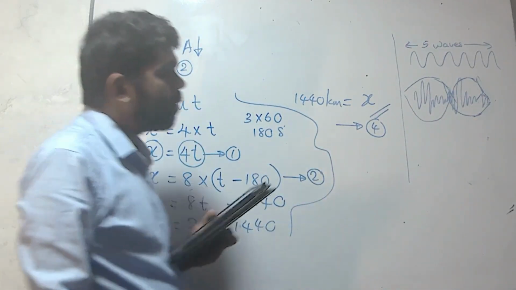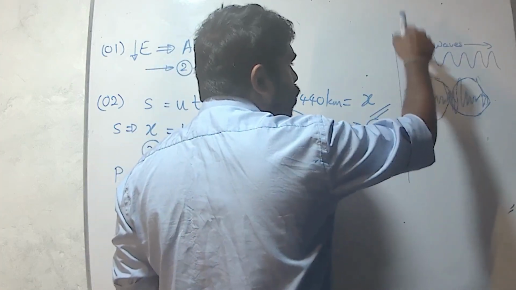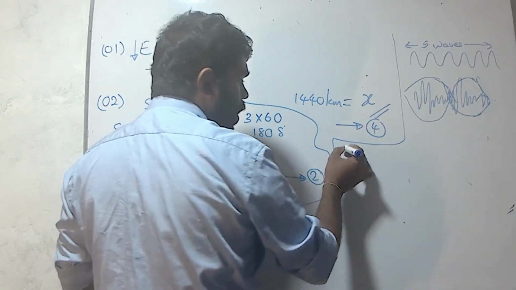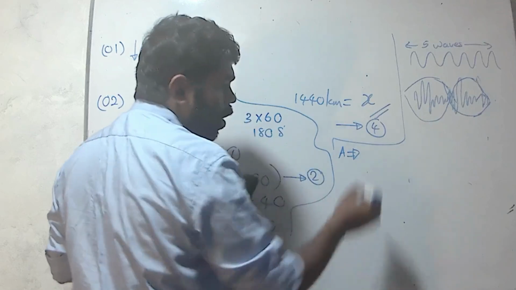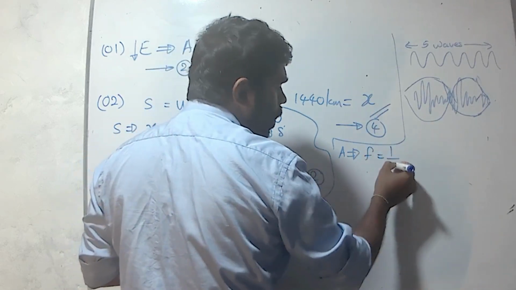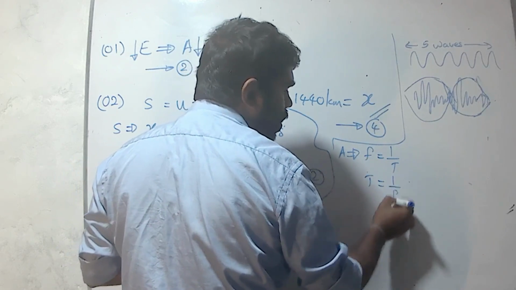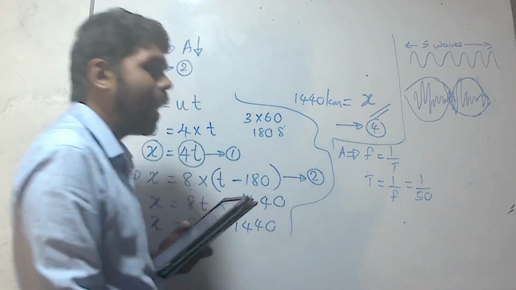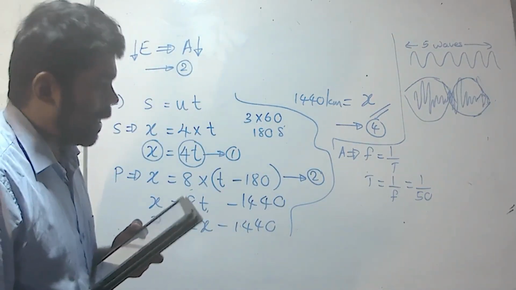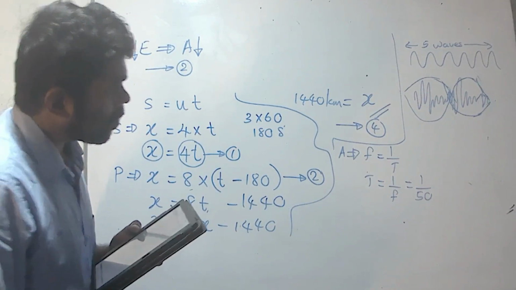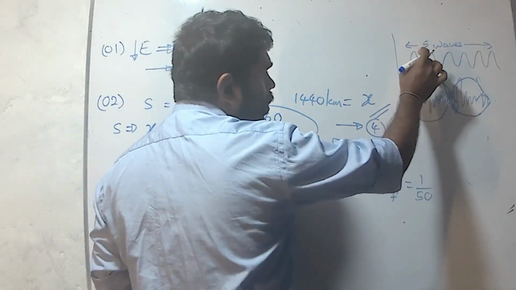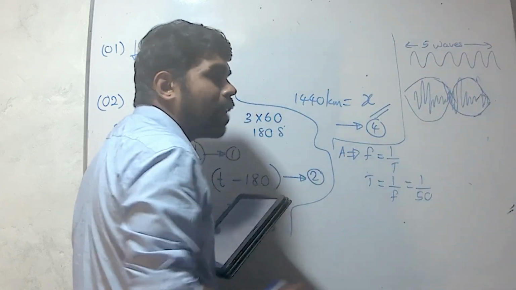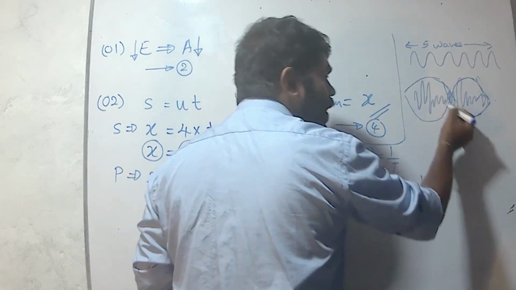We know that the frequency of this A wave is 50 Hz. For the A wave, frequency is 1 over period. Then period equals 1 over frequency, 1 over 50 Hz for the A wave. Then the time taken for the 5 complete waves of the A wave should be equal to the period of the second wave.